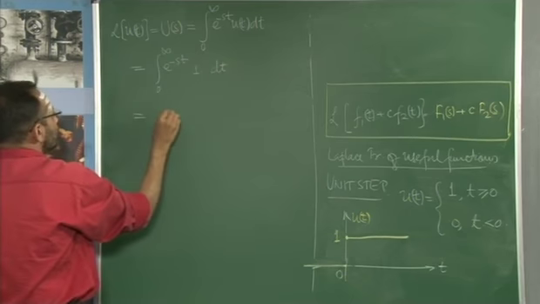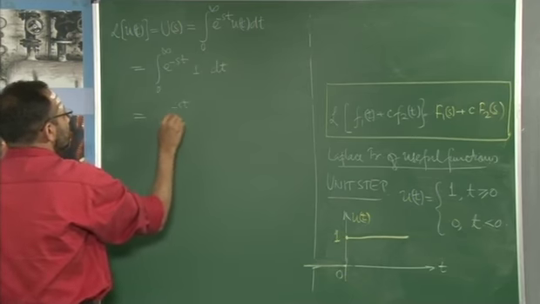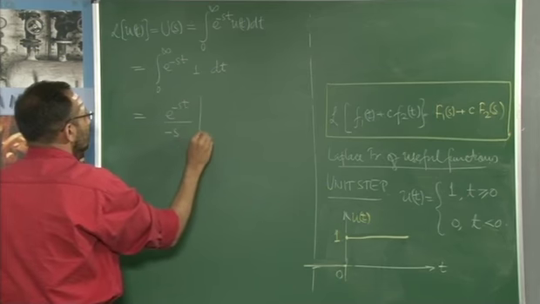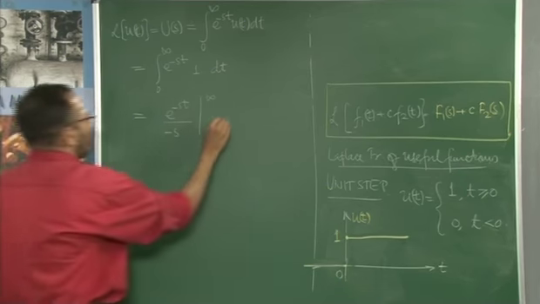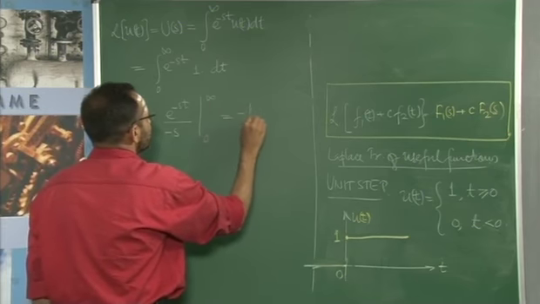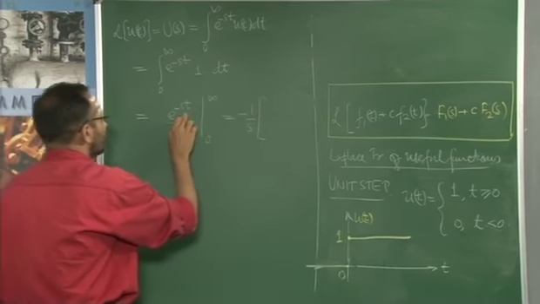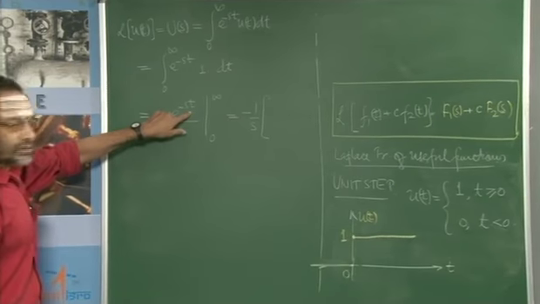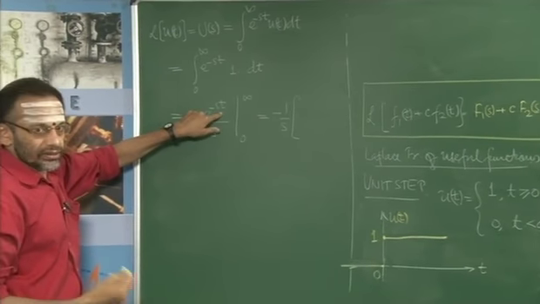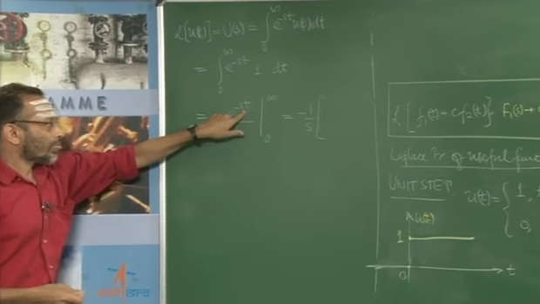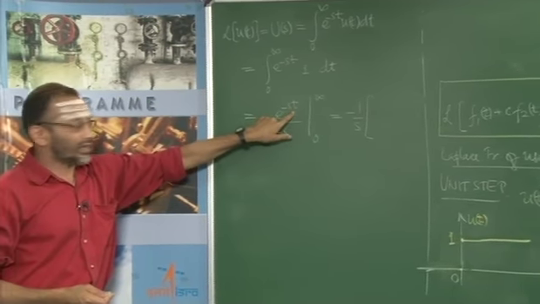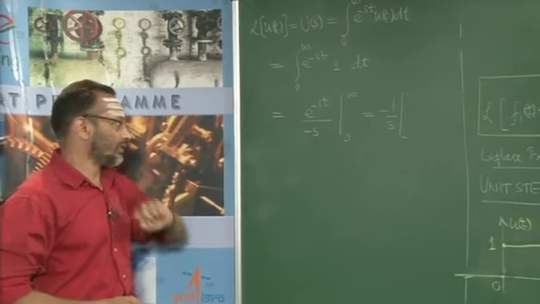Let us evaluate this, that is e to the power of minus st divided by minus s, t going from 0 to infinity, and in the upper limit it is minus 1 over s. When t goes to infinity, we are going to take this to be 0. That is a condition that we will come to, depending on what is the real value of s that we are going to take here.